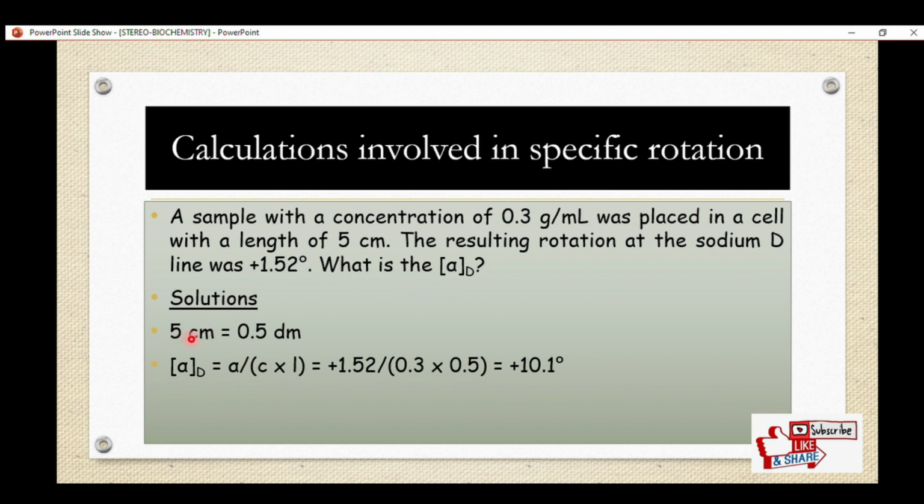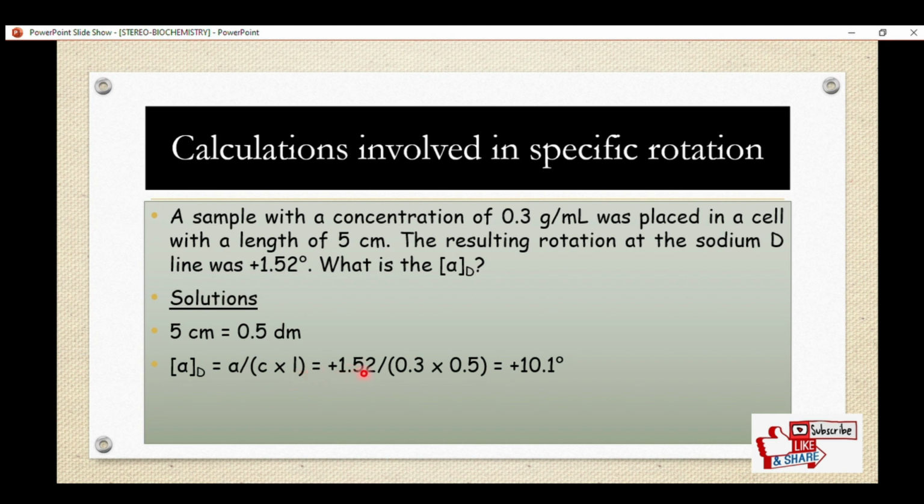In solving this, you first convert the 5 centimeter to decimeter, and the conversion is 10 centimeter is equal to 1 decimeter. So if 10 is equal to 1, then 5 will be equal to 0.5. We just halve it. After that, you can substitute it in the equation. The specific rotation is equal to the observed angle of rotation divided by the concentration times the length.